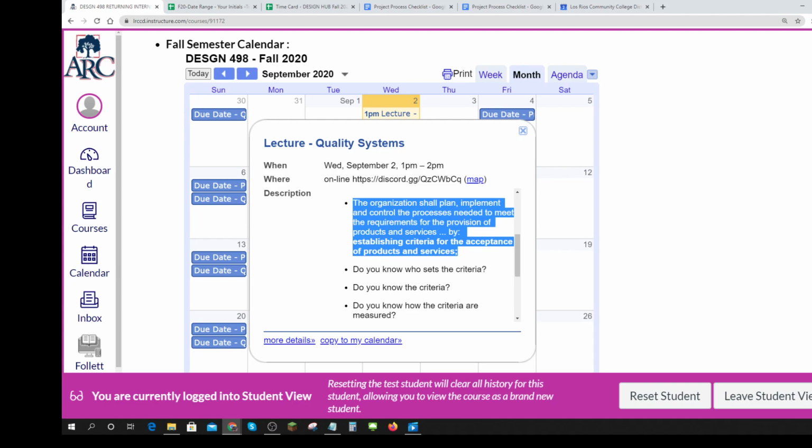And so what they suggested was that we make a flow chart and just follow a job through the shop. From the very beginning, the first contact with the sales guy to the last contact with the sales guy where he delivers the product.